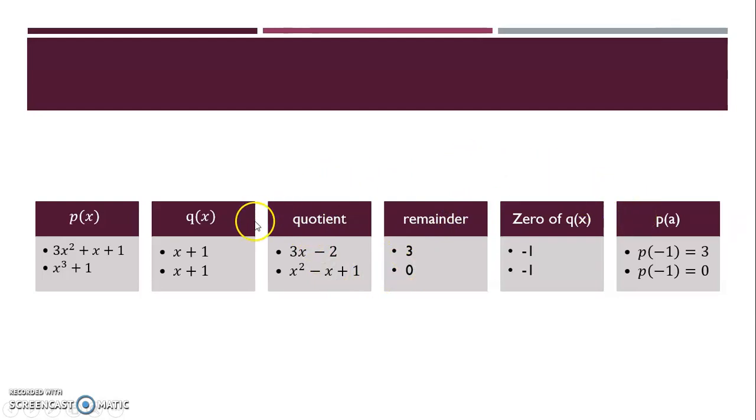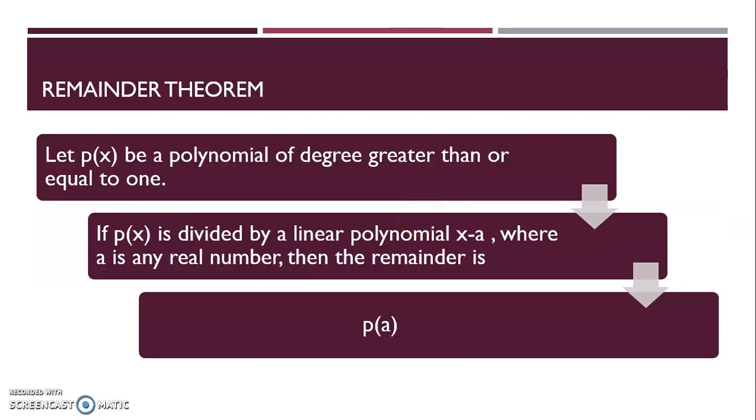All we have to do is find out the 0 of the divisor. In this case the 0 is minus 1. And substitute that value inside the dividend. So if I substitute p of minus 1, I'll get the same remainder as the value of the polynomial p of x at x is equal to minus 1. This is what is meant by the remainder theorem.